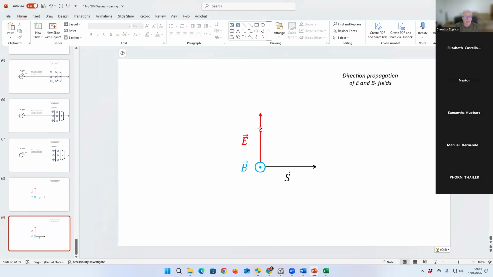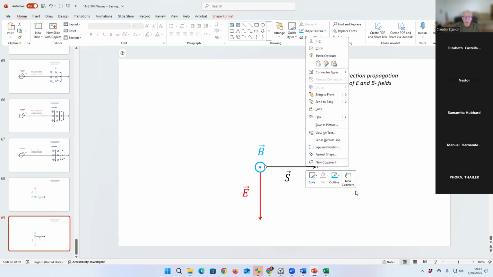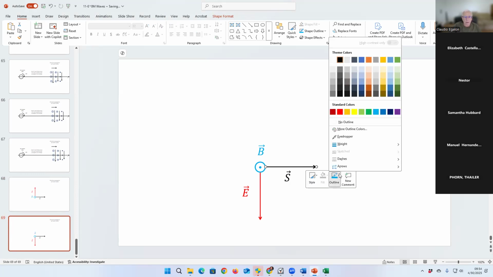Let's say, suppose the electric field instead of upwards is downwards, right? Suppose it's downwards like that. So you go ahead and you do the right-hand rule. I'll put my B field right in here, and then what do you end up having? You end up having a Poynting vector that's going to be in the other direction.